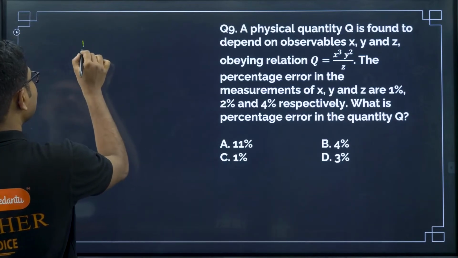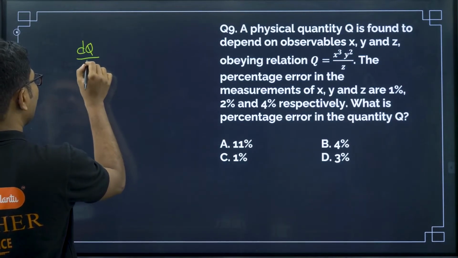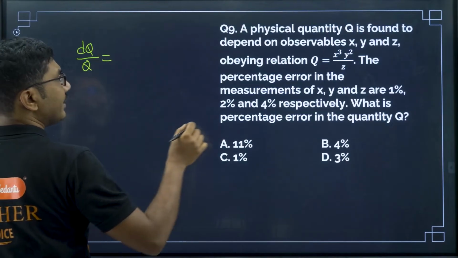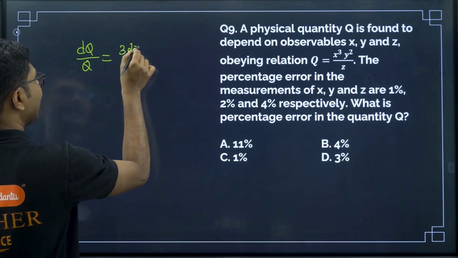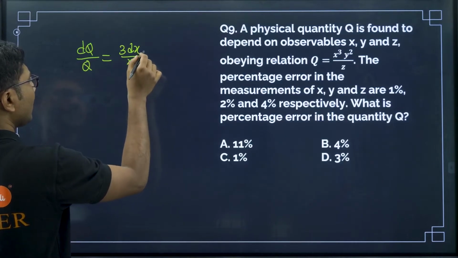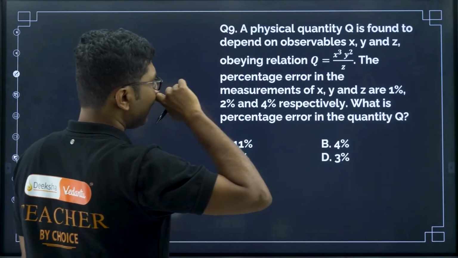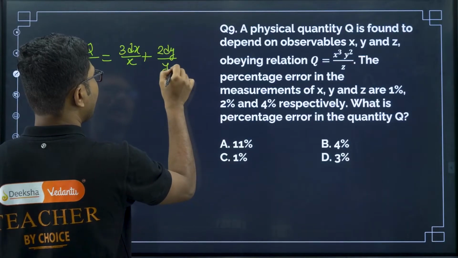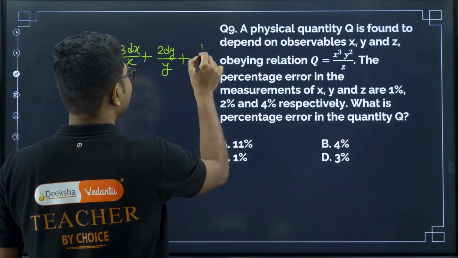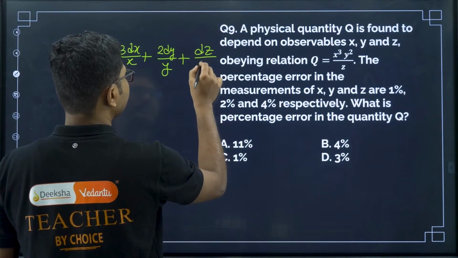So we already discussed that dQ by Q is 3 dx by x plus 2 dy by y plus dz by z.